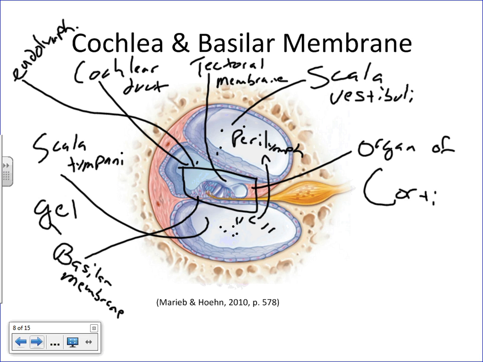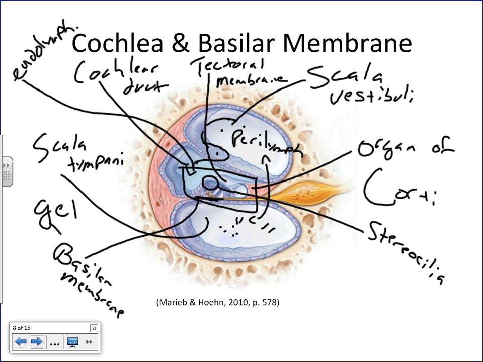Okay, so essentially, you can kind of start to figure out what happens here as that stapes starts to slam against the cochlea. This fluid is going to start to displace within here. All right, and then this gel-like membrane is going to shift, and then on the very ends of these, attached to the basilar membrane are where you find the stereocilia.